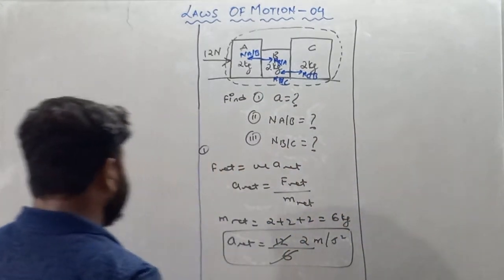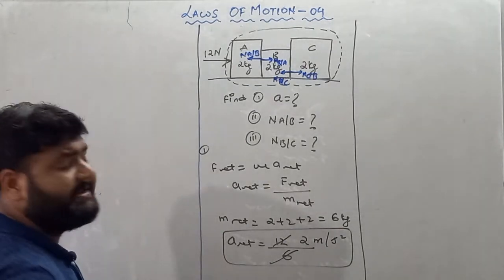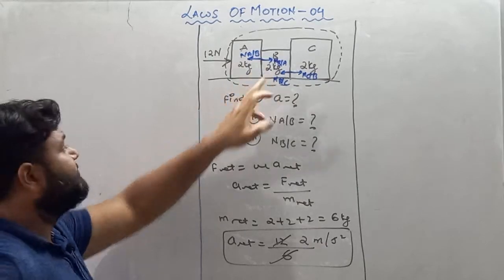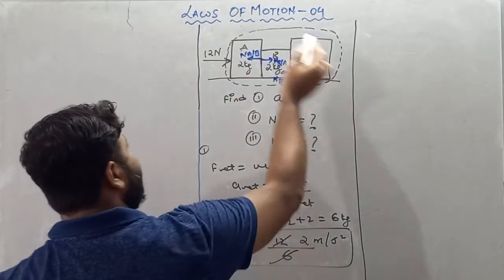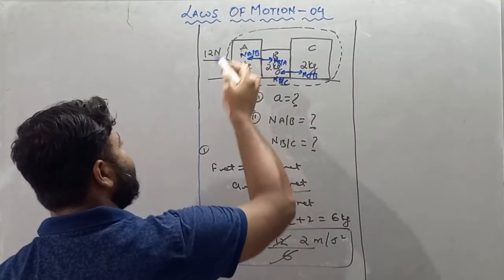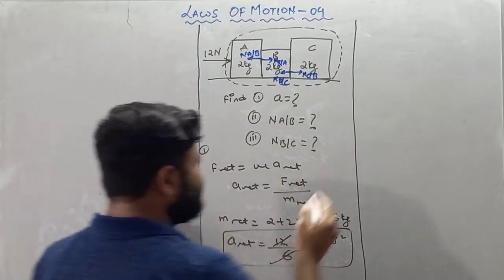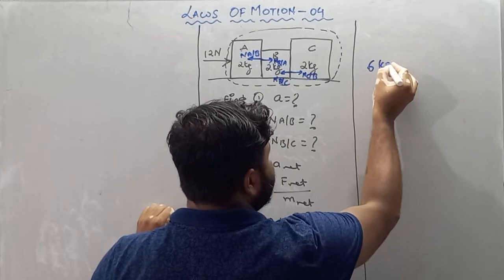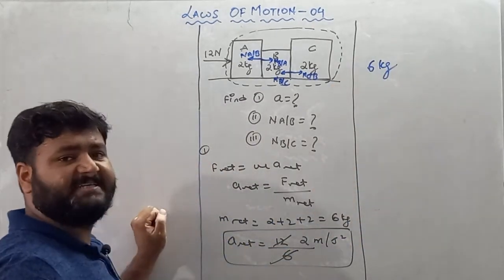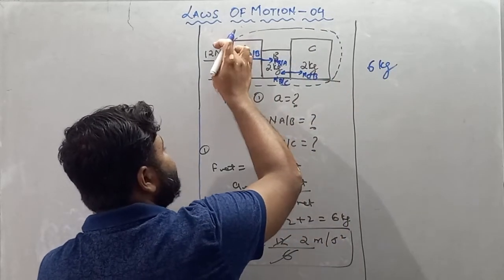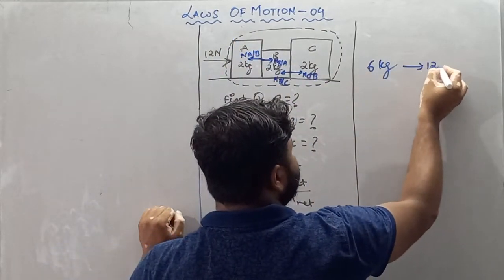Moving forward, now I wish to find the normal reaction on A due to B. See, my dear student, if you are calculating here, the total mass is 2, 2, 2, so it is 6 kg. If the mass is 6 kg, then the force acting on this 6 kg mass is 12 Newton.